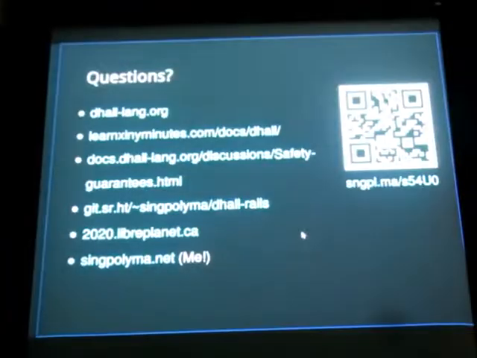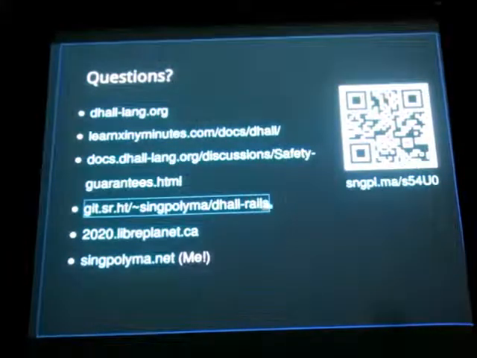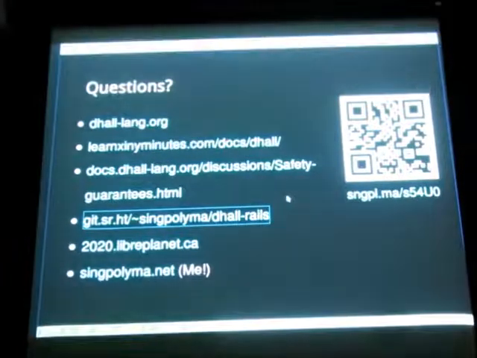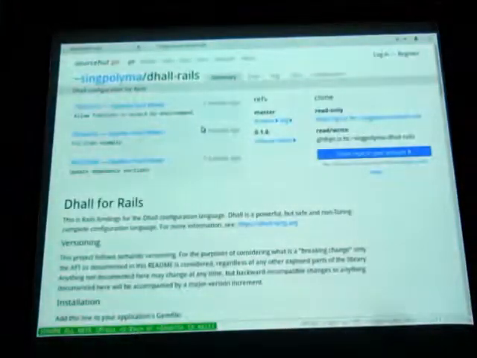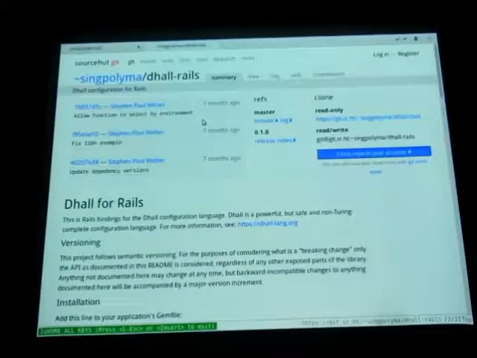Is there a Dhall library for Ruby? Yeah, I maintain the Dhall library for Ruby. And for Rails. I also have a Rails one that does some extra things. This is like my Rails one.